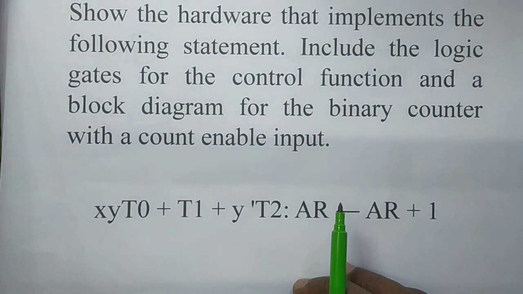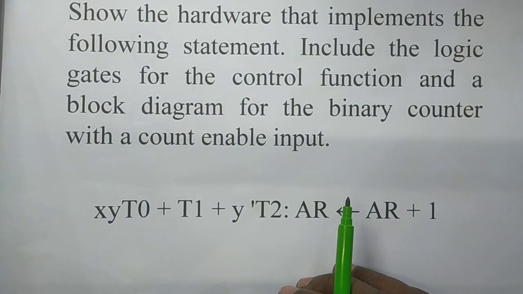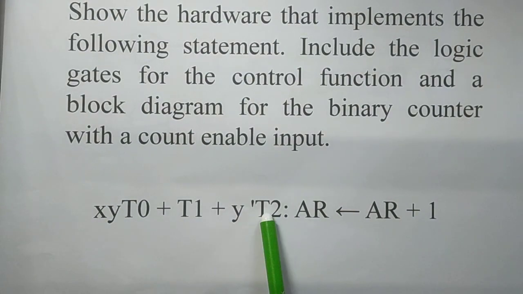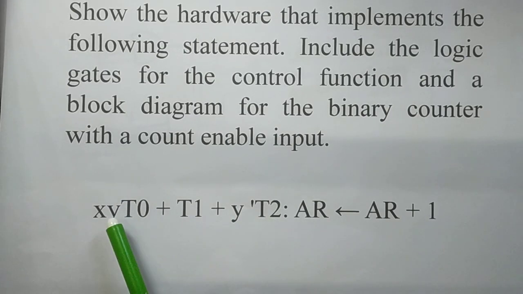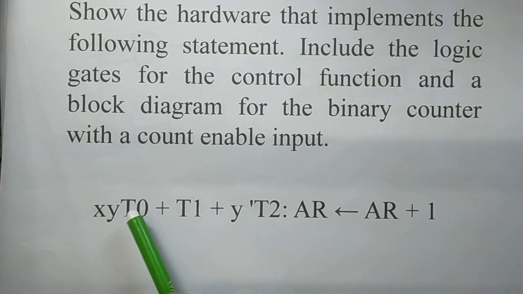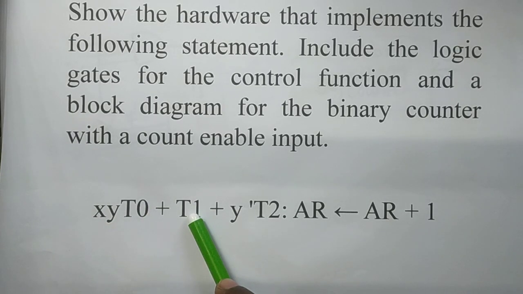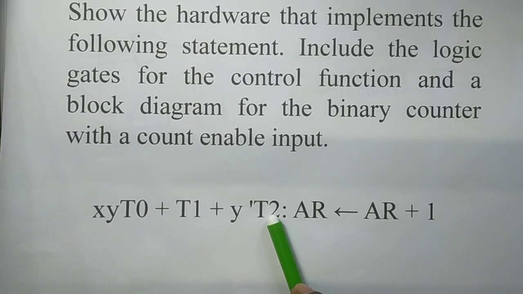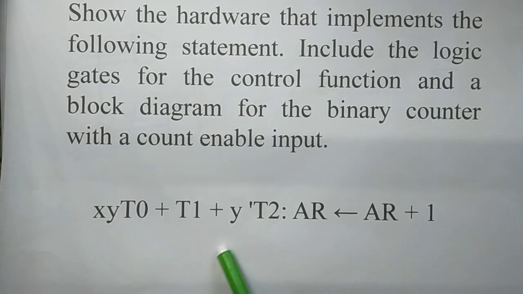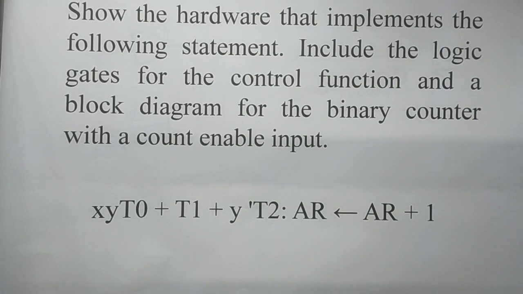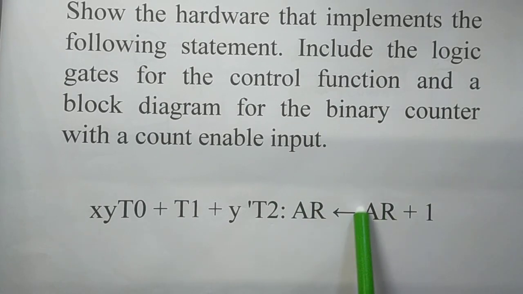The problem is very simple. It has a control function having control variables like x, y, t0, t1 and t2. Whenever this control function is defined, either true or false, if the control function is satisfied or enabled, then it will increase the AR value.